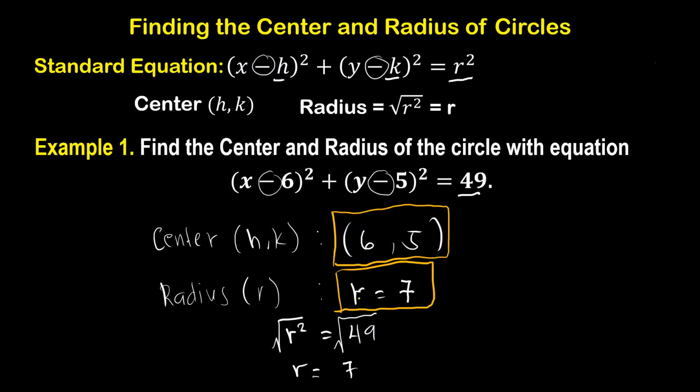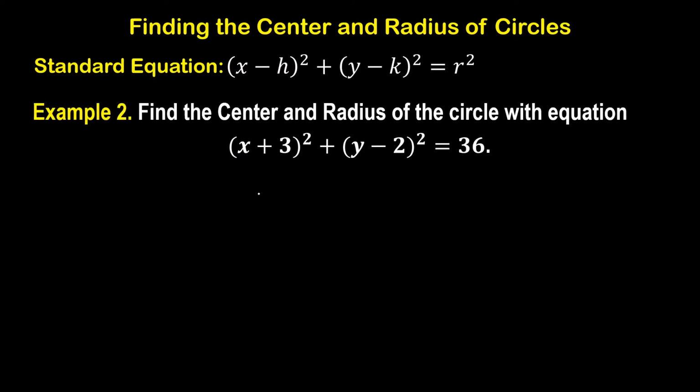Now let's proceed to example number 2. Again, we need to find the center and radius of the circle with equation the quantity (x plus 3) squared plus the quantity (y minus 2) squared is equal to 36. Again, the center of the circle is the ordered pair (h, k).